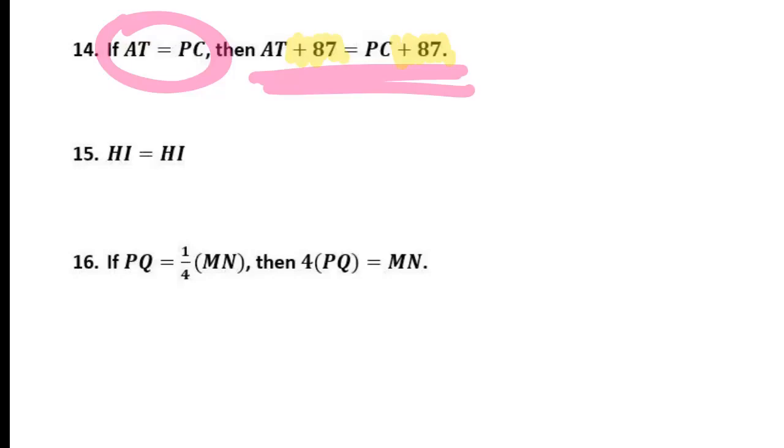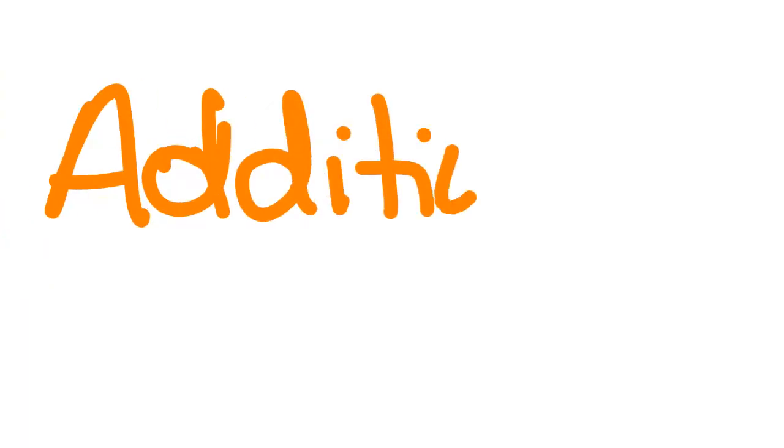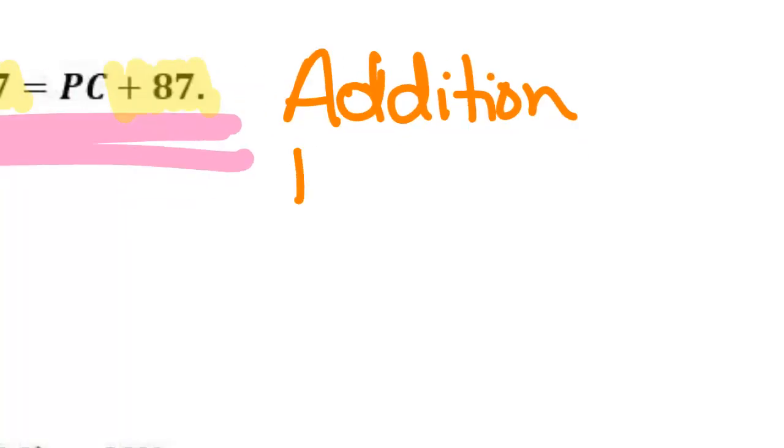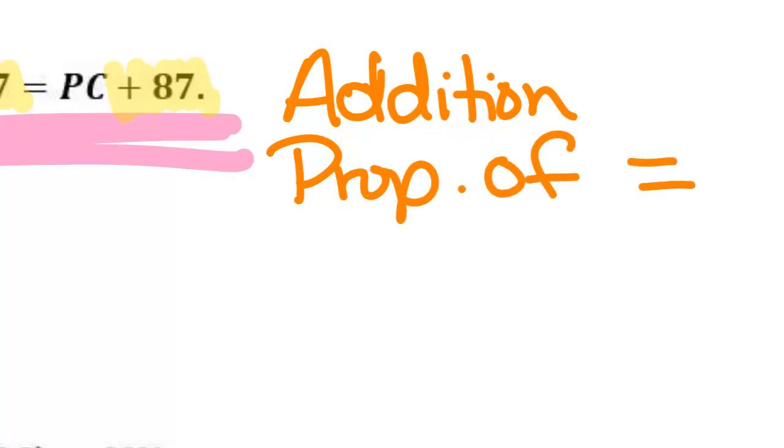This is the addition property of equality, yes. Because nothing got traded out. In order for it to be substitution, you would either have to see this go away and be replaced with something else, or you would have to see this go away and it replaced with something else. That's substitution. Addition property of equality.